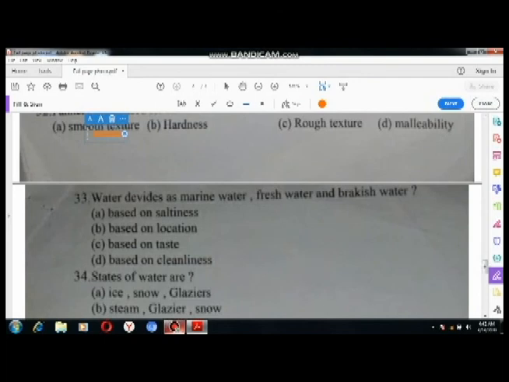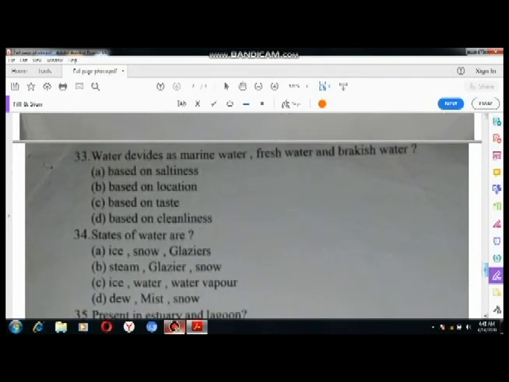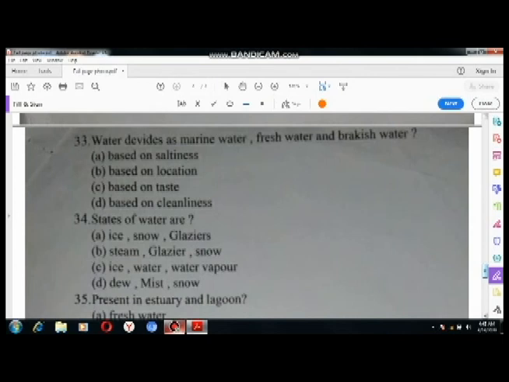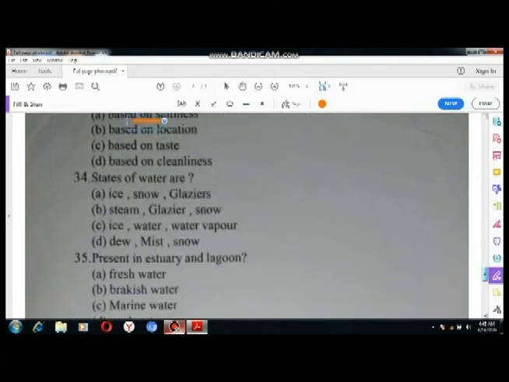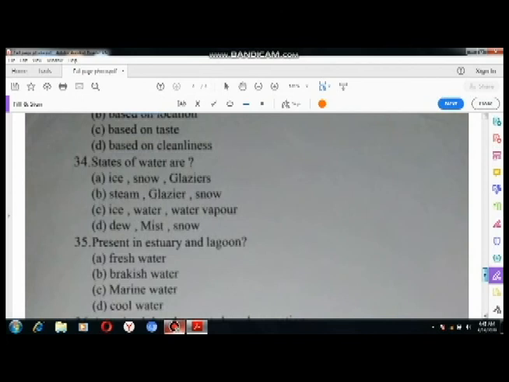Water is divided as marine water, fresh water and brackish water. You already know the water can be divided into three parts according to saltiness: marine water, fresh water and brackish water. So answer A, based on saltiness. States of water: there are three physical states of water, ice, liquid water and water vapor.